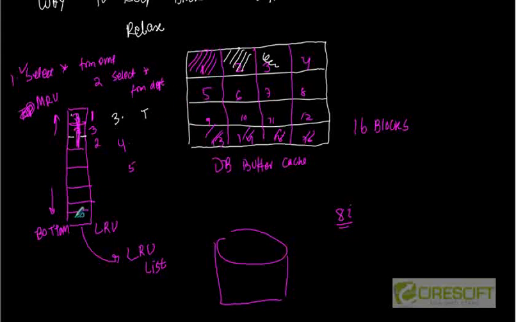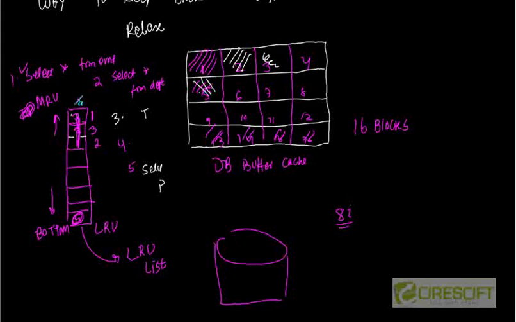Let's say database block number 5 is at the bottom and I need one block. In that case I'm going to rewrite 5. Block 5 was written back, and then I rewrite it with whatever I get from this query, select star from P. So P's data is rewritten on top of whatever existed before.